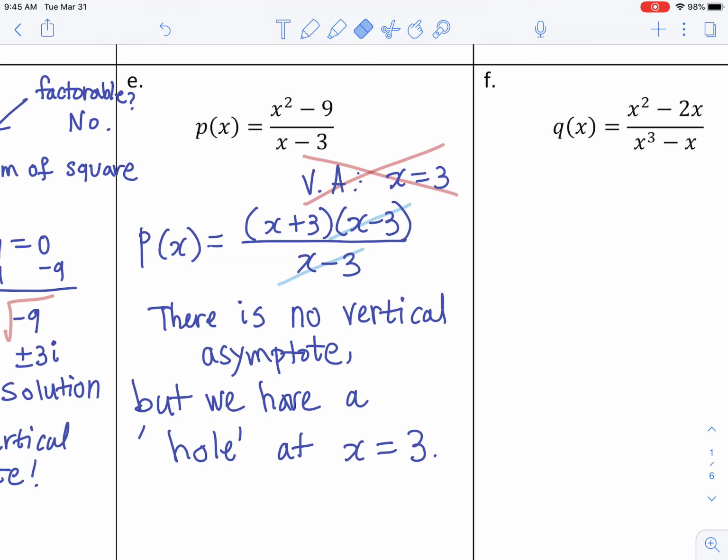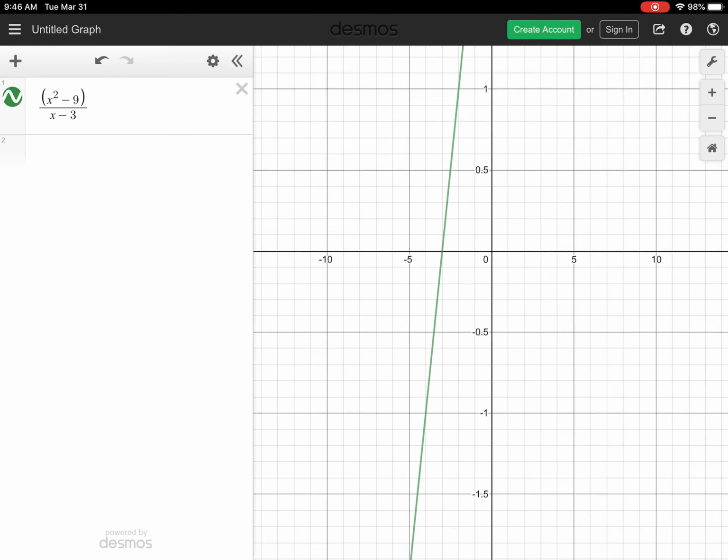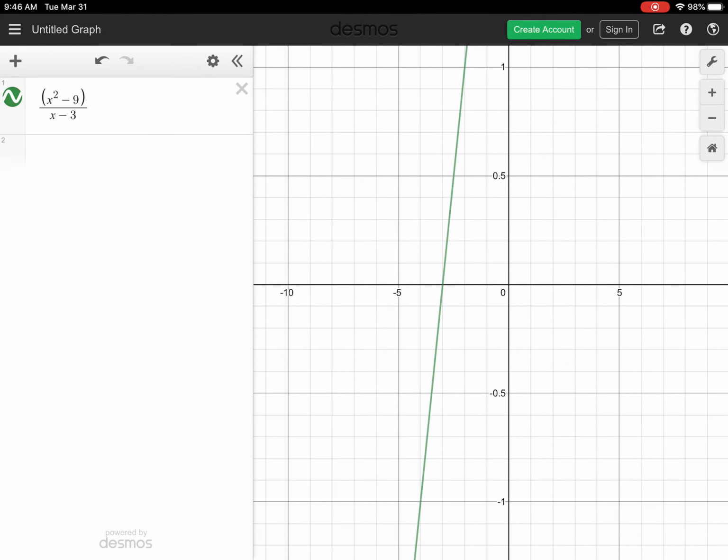Let me graph that function with you and show you that this function does not have a vertical asymptote. The numerator was x squared minus 9, and the denominator was x minus 3, right? Okay, so I graphed it. Now let me zoom out. Is there a way for me to just zoom in standard screen? Okay, yeah.